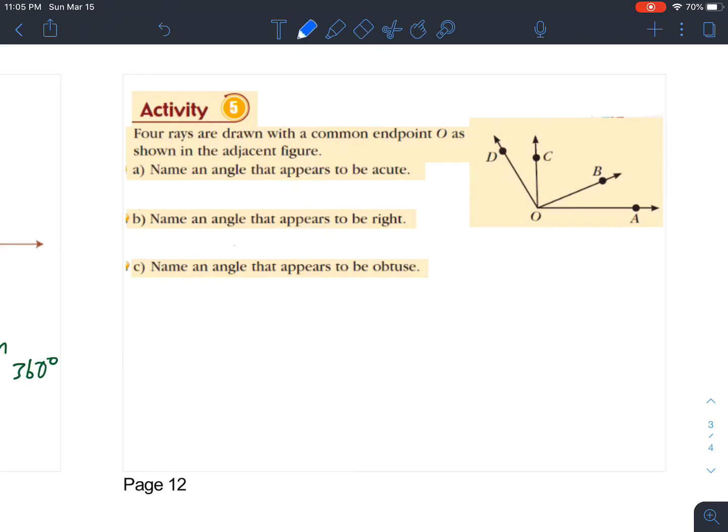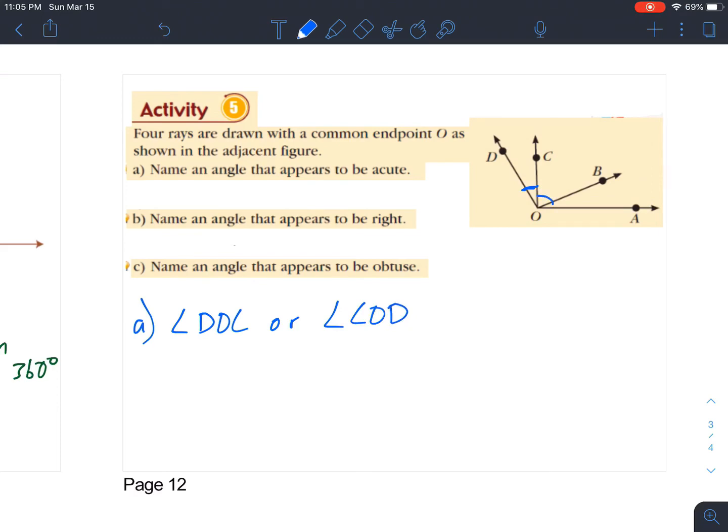Okay, so for the first one, name an angle that appears to be acute. Well, we know that acute angles are going to be less than 90 degrees. So the first one I notice is right there. We could say DOC, or we could call it COD.